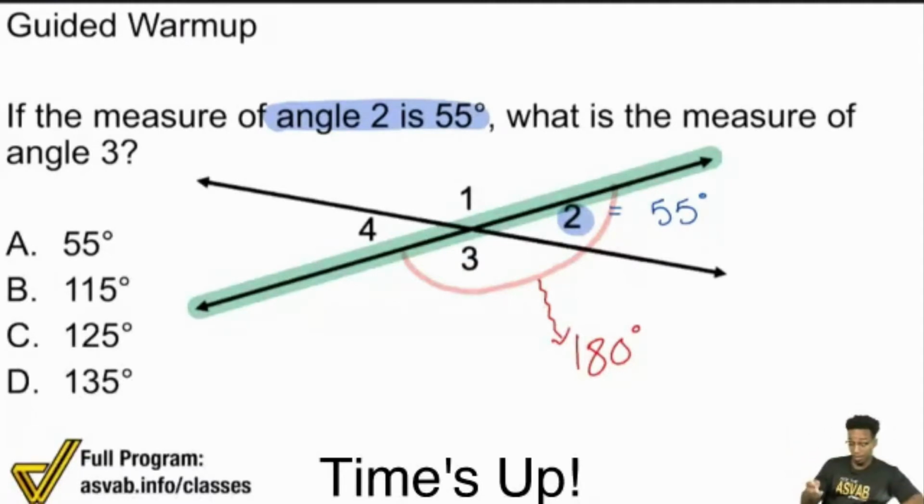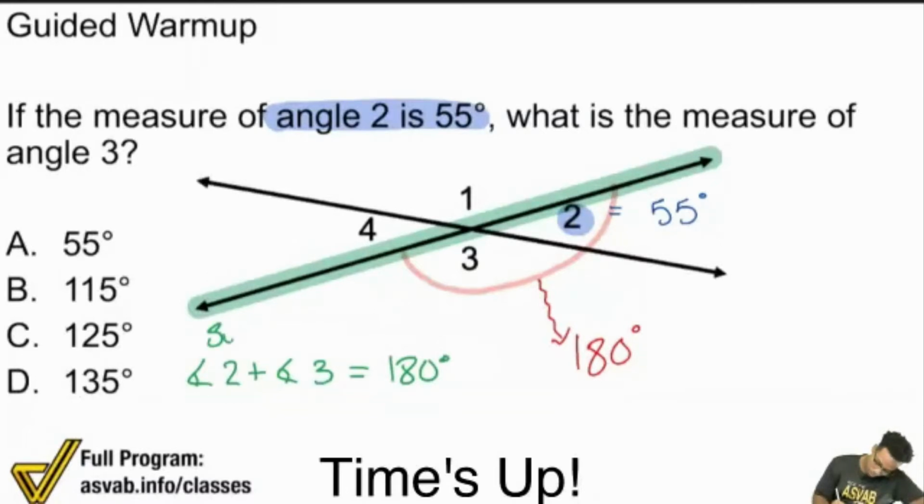If you're saying, hey, I'm looking for angle 3, you got to do some detective work. What's going on around angle 3? It's on a straight line with angle 2, and we know angle 2. Supplementary angles, we can apply our knowledge and figure this out. So boom, we know that angle 2 and angle 3 added together is 180. We know that these are supplementary.